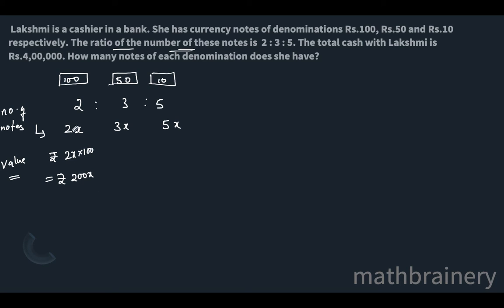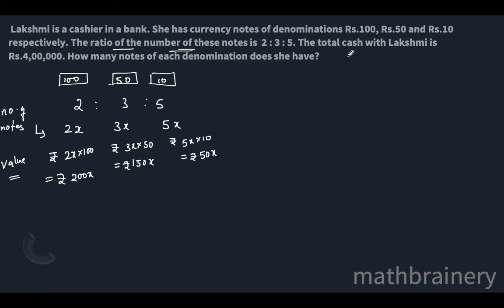Similarly, if she has 3x 50 rupee notes, she will be having 3x into 50 rupees, that is 150x rupees. Similarly, if she has 5x 10 rupee notes, she must be having 5x into 10 rupees, which is 50x rupees.